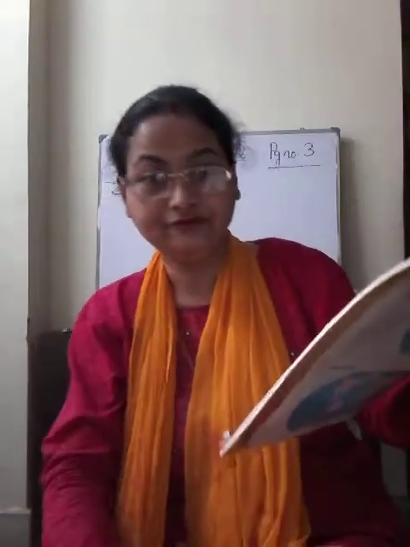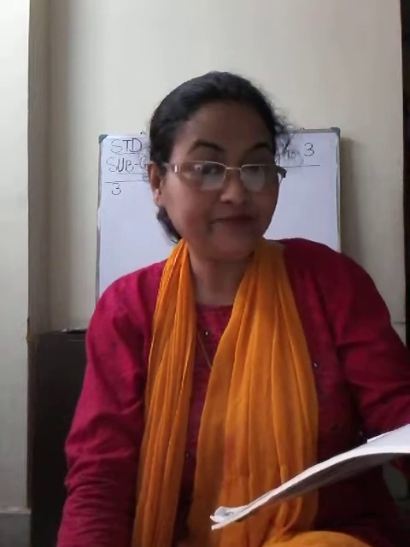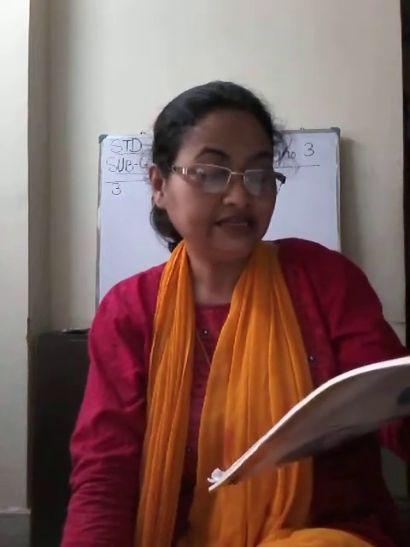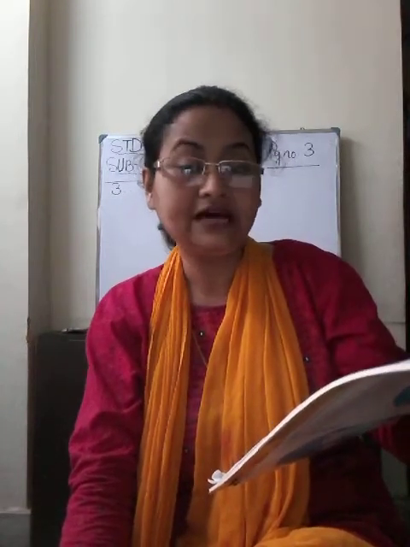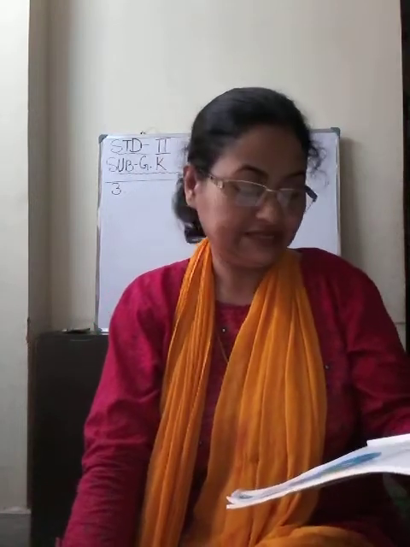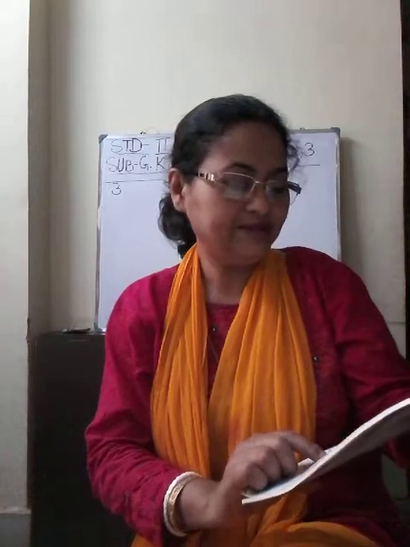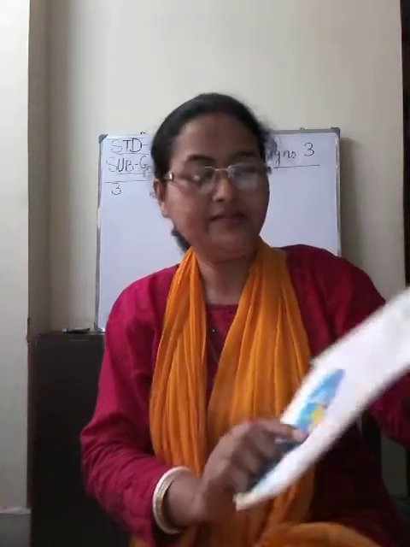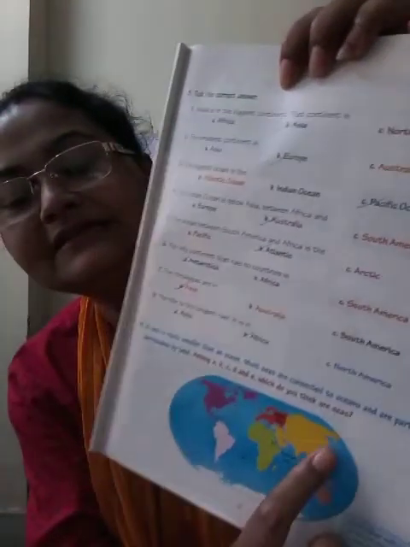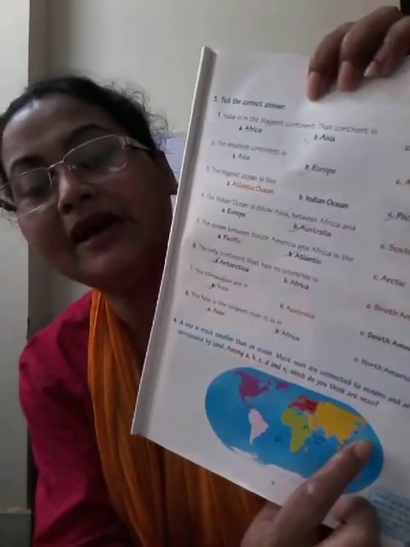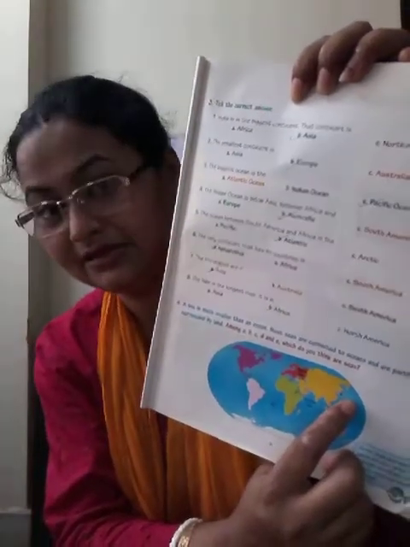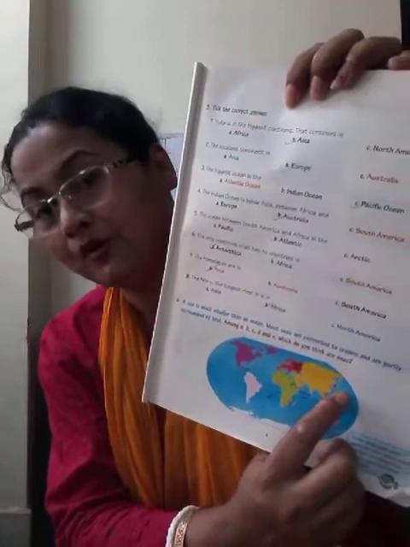Now you have to find among these which are the seas. I think, see this one, number A. This is a sea, partly surrounded by land, and it is smaller than an ocean.